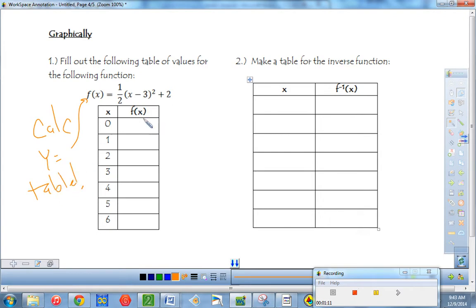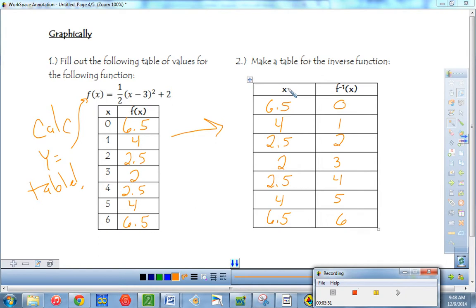If you do that, you would get 6.5, 4, 2.5, 2, 2.5, 4, and 6.5. Remember, parabolas mirror each other here. So, go ahead and pause the video. See if you can make the table for number 2. Go ahead and pause.